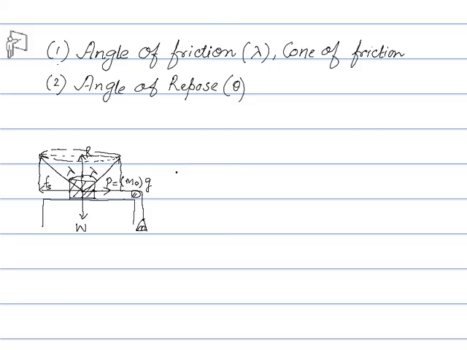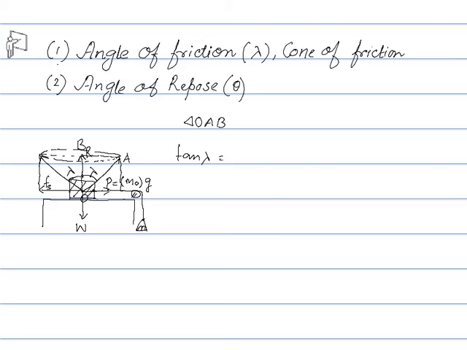Now from the law of parallelogram of vectors, tan lambda is equal to, in this triangle, say this is O, this is A, this is B. So in triangle OAB, tan lambda is equal to P by B, that is perpendicular by base.